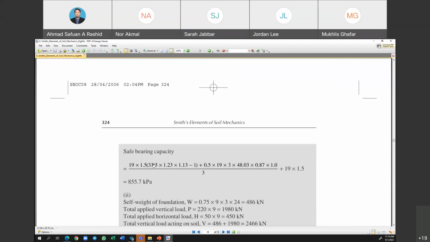So for the safe bearing capacity for case number 1, without any inclination or any eccentricity, it is equal to 855.7.